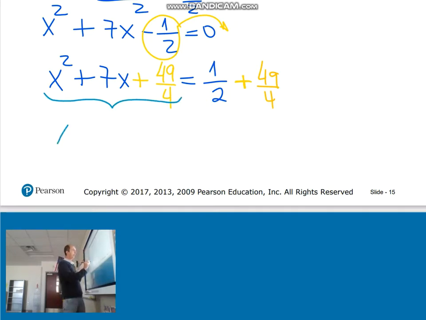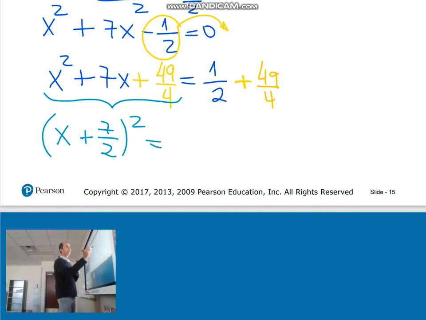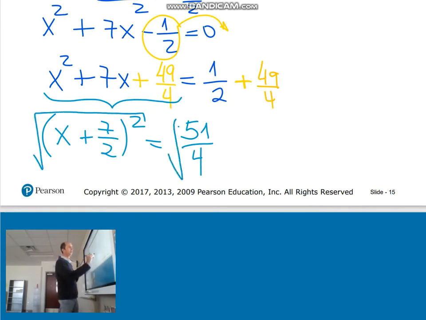And a is x, b is 7/2, and this is squared, equals to what? 1/2 plus 49/4, this is 51/4, okay? Square roots here and there, and remember this is positive or negative, right?